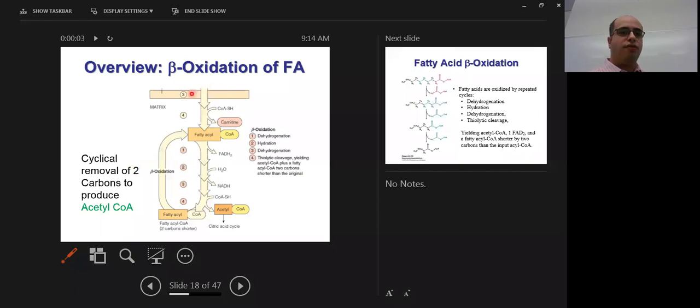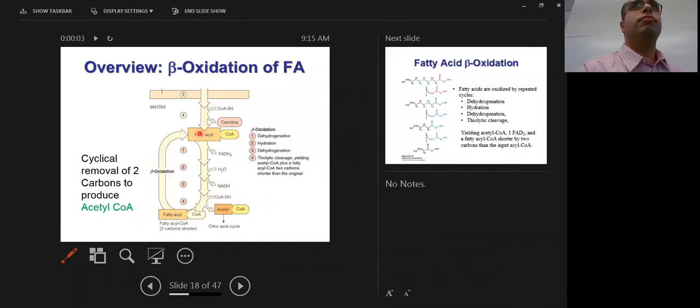So if we start off with a fatty acid, we will then go through 4 reactions, remove an acetyl group, put it on CoA, so we get acetyl-CoA, and then we have a fatty acid side chain that is 2 carbons shorter than what we began with. This goes right back to the beginning of beta oxidation, and we go over and over and over again until we chew up that entire length of that fatty acid.